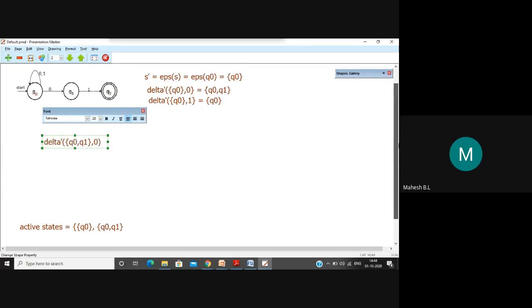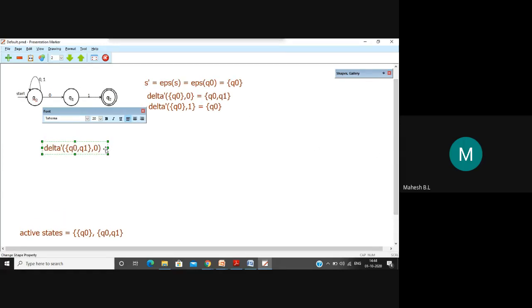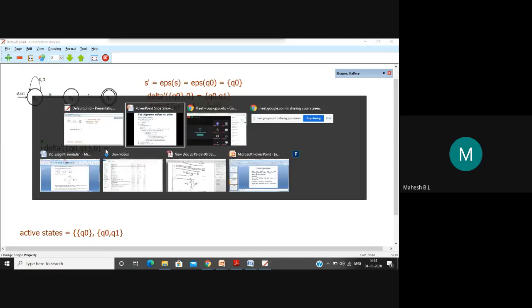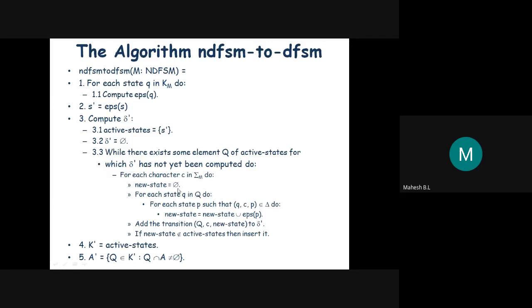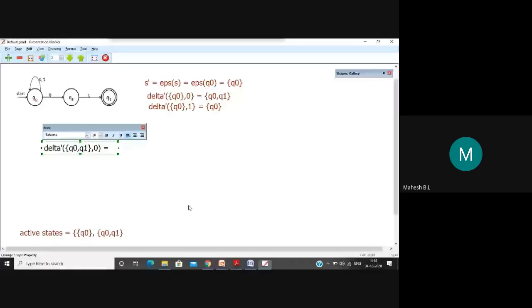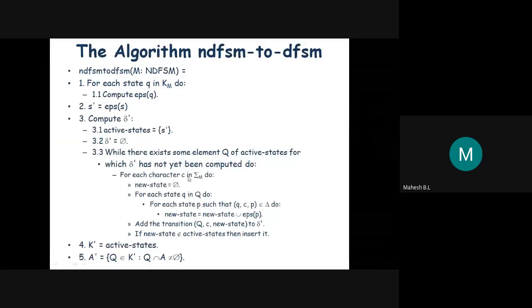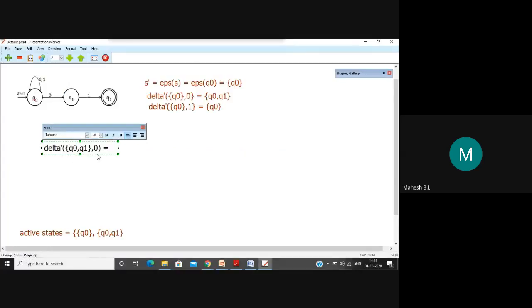So delta dash of Q naught Q1 comma 0 is equal to, see the algorithm, for each state Q. There are two states, Q naught and Q1. For each state, you need to compute the transition. So Q naught on 0 has two transitions, one to Q naught itself, one to Q1.